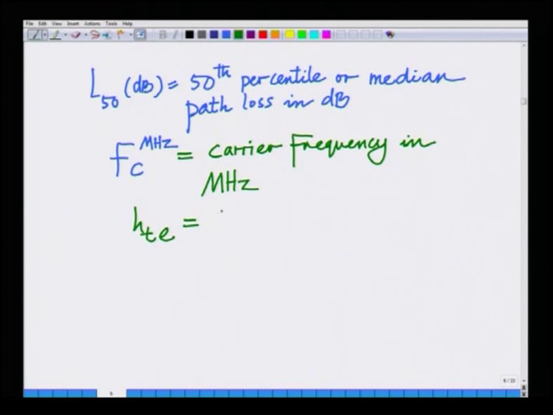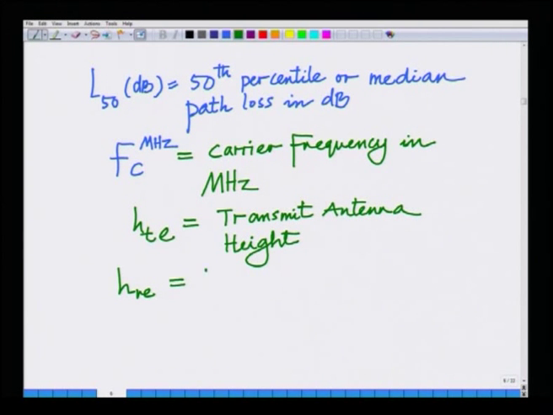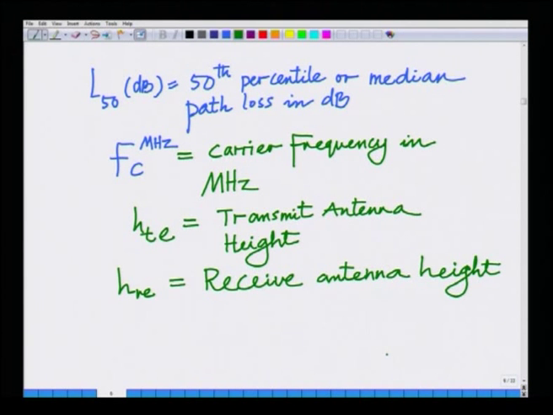HTE equals the transmit antenna height, HT, HRE equals the receive antenna height, and AHRE is the mobile antenna correction factor.